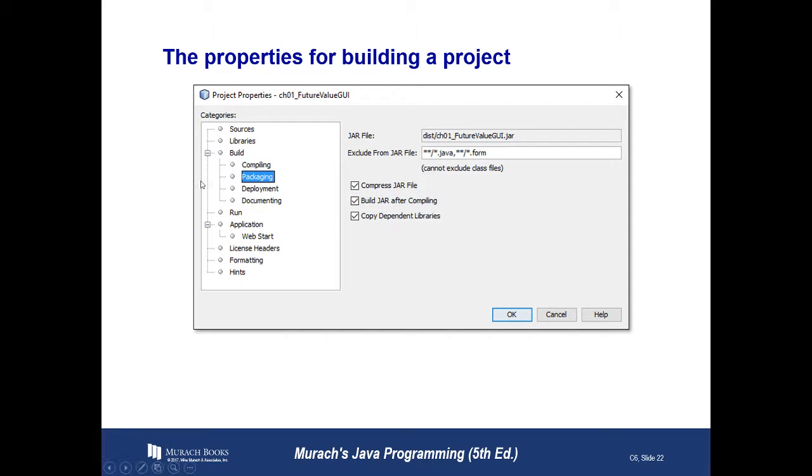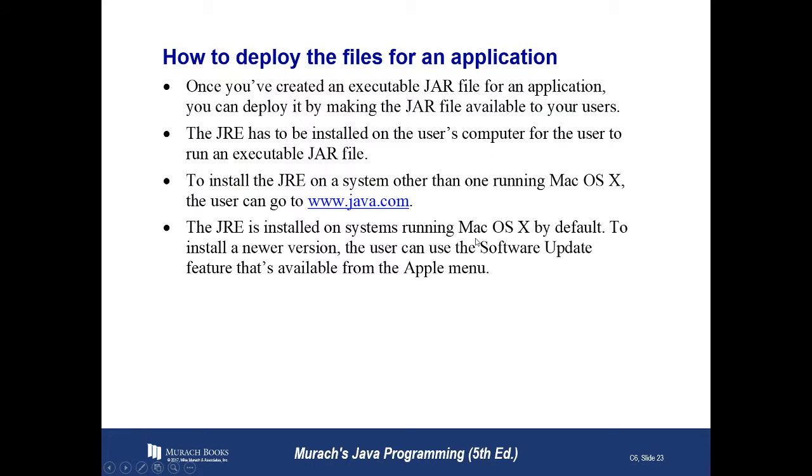Now, we're looking here at the properties for a project in NetBeans. And on this build option under packaging, we see the options that are standard for creating a jar file. Once we've got the jar file created, how we run it is going to depend on the operating system. If we're on an OS X type operating system, we can open a terminal window and run the jar file.